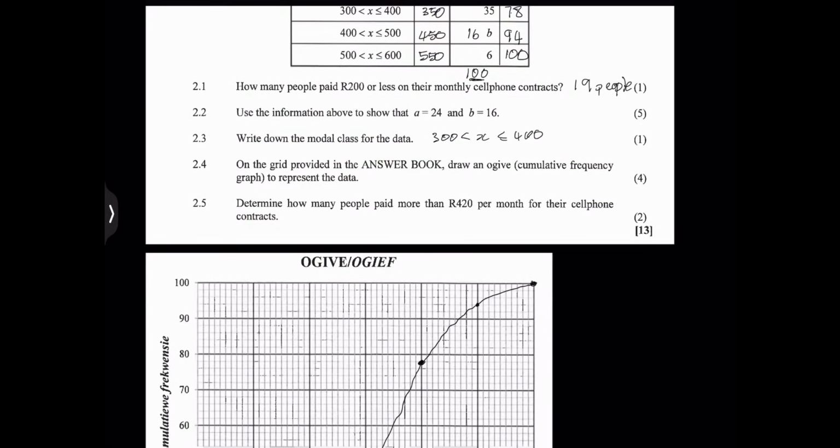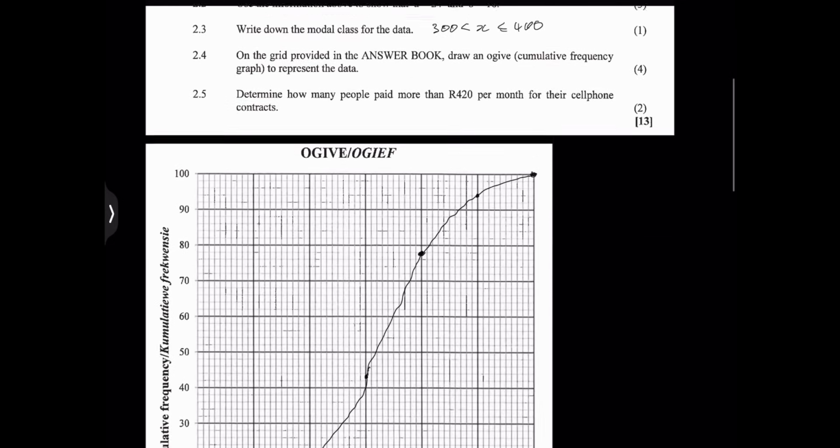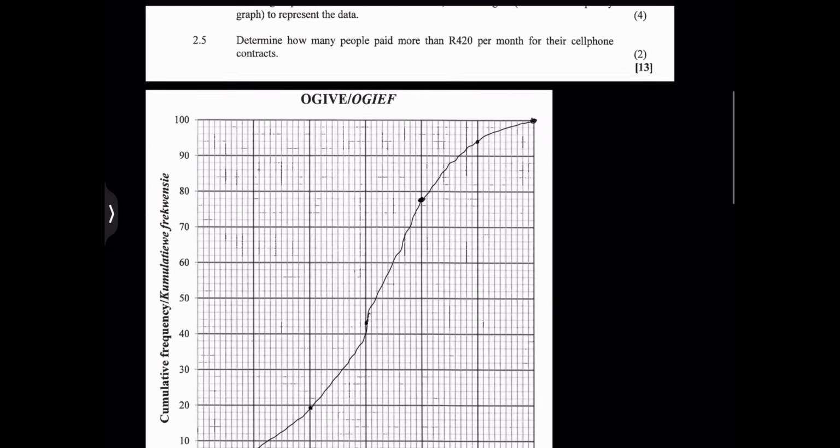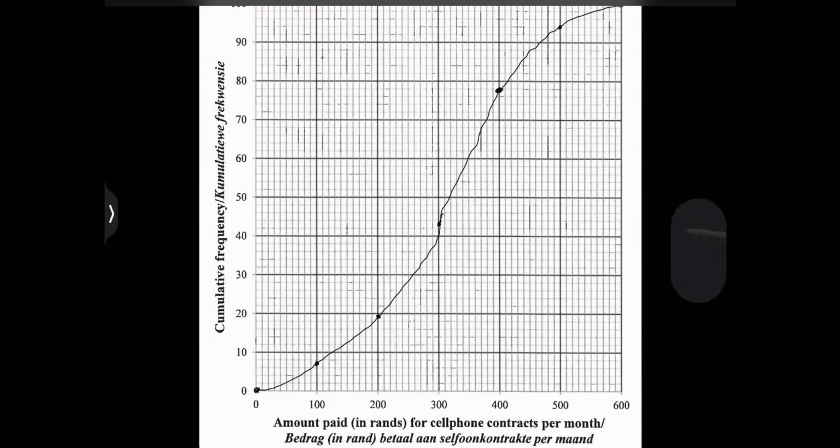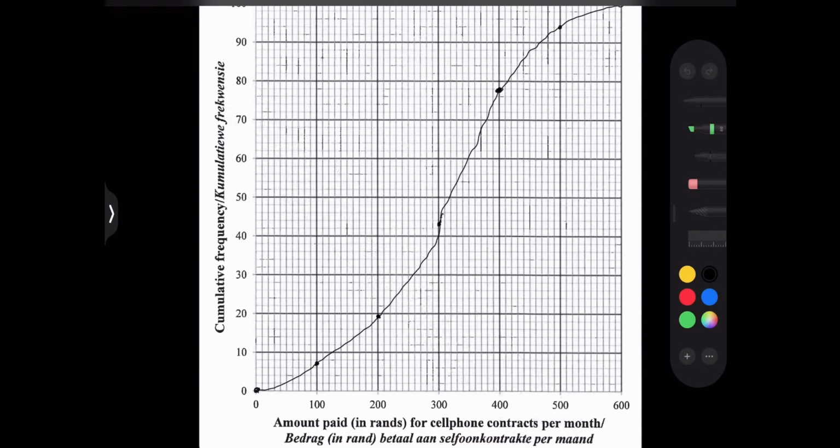Now they say to us, determine how many people paid more than 420 per month for their cell phone contract. So now we want the number of people. We are given the amount, 420. In fact, I think it might even be easier if we used our ruler. So I know this would represent 420.